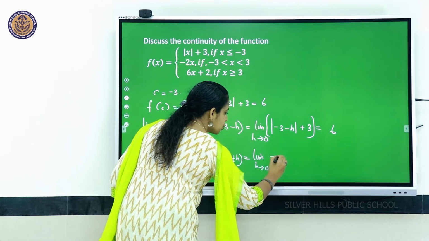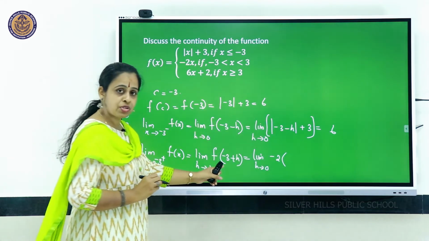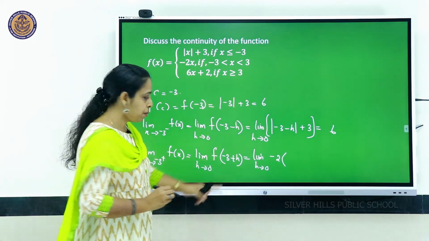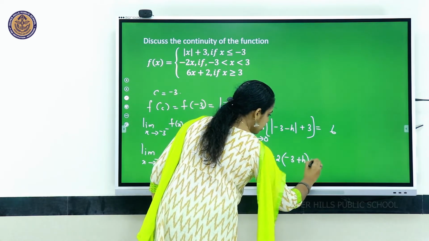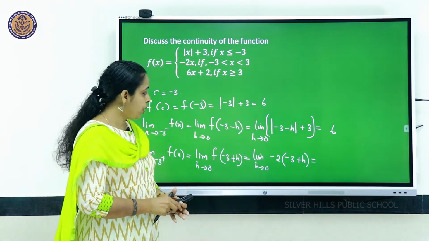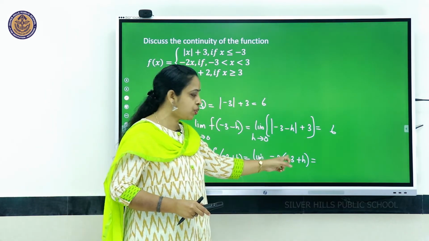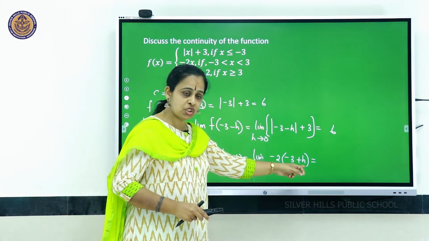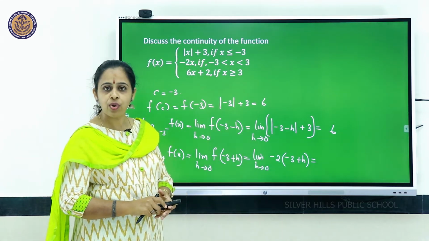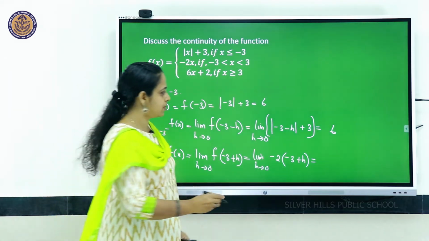So, minus 2 into, where you see x, minus 3 plus h. When you open the bracket, you will get minus 2 into minus 3, positive 6, minus 2h, h is tending to 0. So, the answer will be 6.